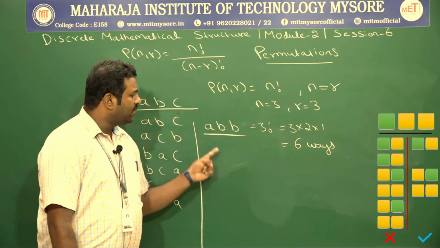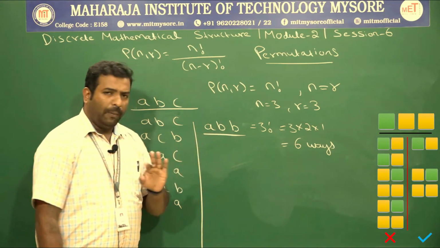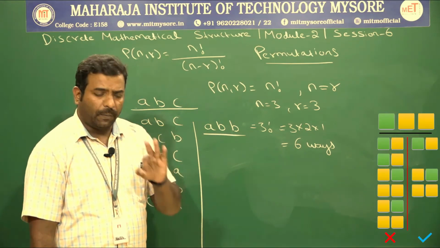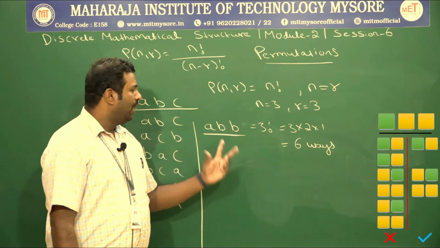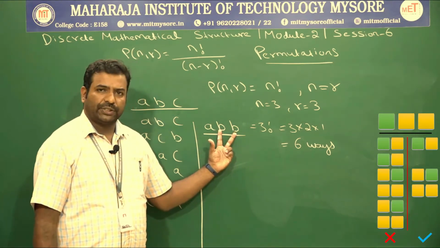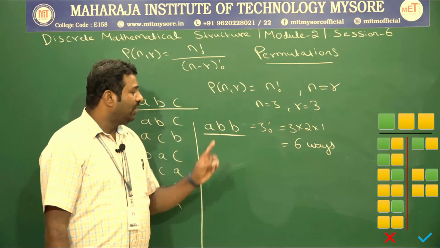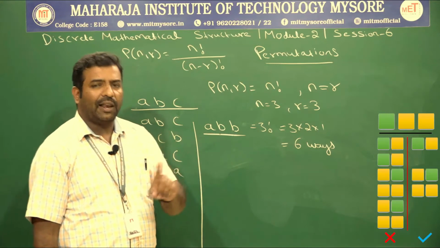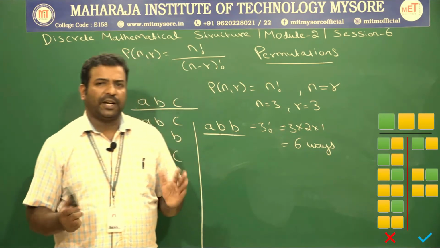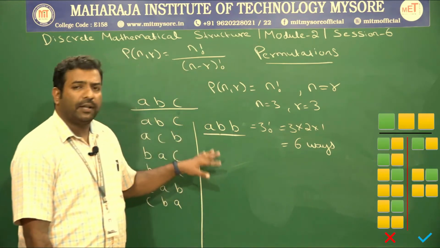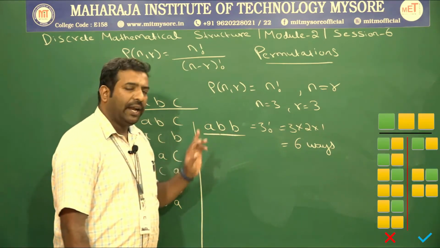In this case, there are 3 objects, but if you carefully observe, there are identical objects. Still, though they are identical, we call this distinct. So don't get confused with distinct and identical.